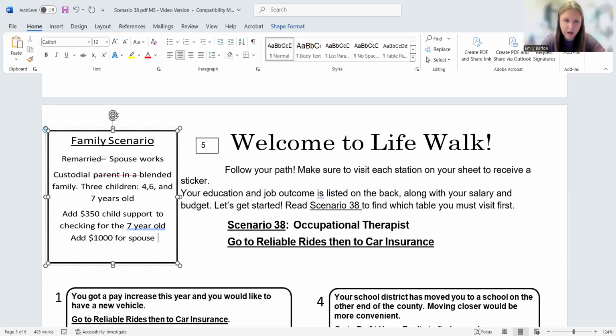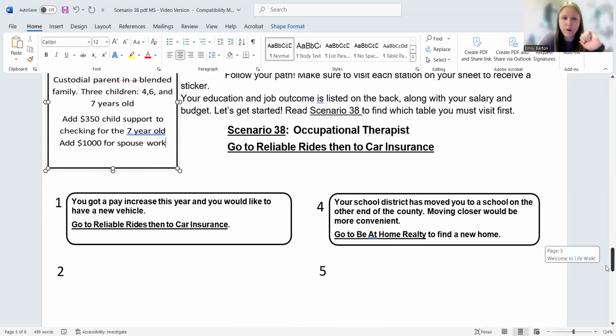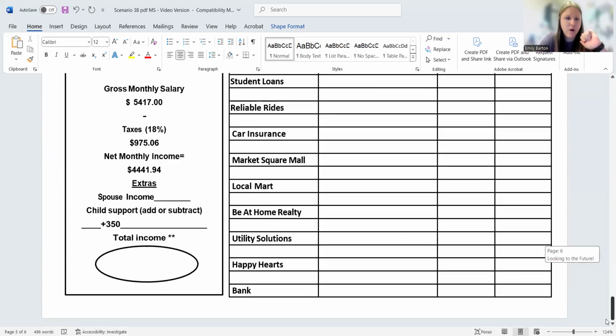If you find you have an error on your card, please let your teacher know and they can make a decision on how to edit it, get you a new card. There were plenty of extras in the set. So we need to add 1,000 for our spouse work as well. So I'm going to go on back down to our card and I'm going to do plus 1,000 for that as well.